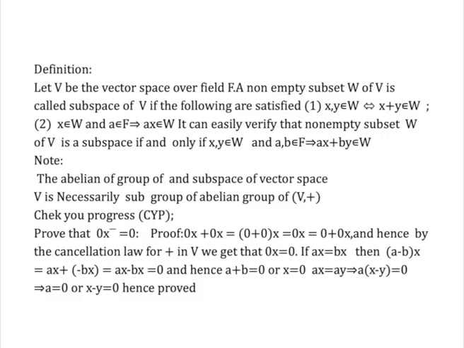Definition: let V be a vector space over a field F. A non-empty subset W of V is called a subspace of V if the following are satisfied. Here, since W is also a vector space, the same conditions apply as for V. W is a subset of V, possibly equal to V. Then we say W is a subspace of V if it satisfies the conditions.